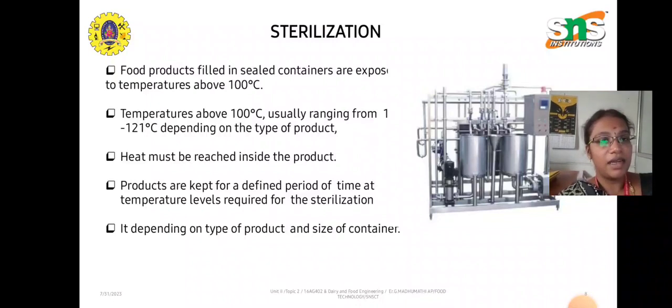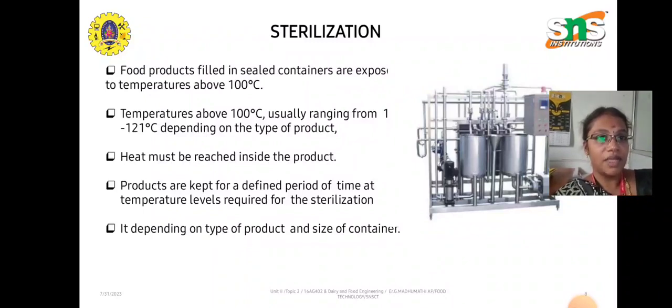The food product to be sterilized is filled in sealed containers, and these are exposed to temperatures above 100 degrees Celsius. Each and every particle in the sterilizer must be heated to above 100 degrees Celsius.